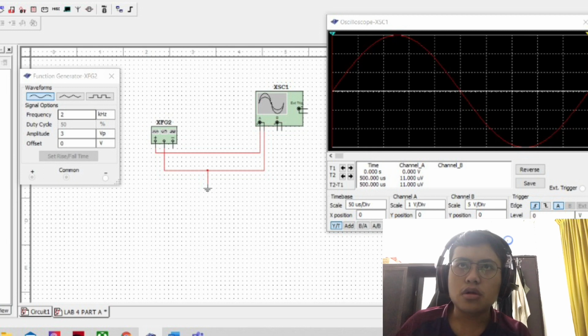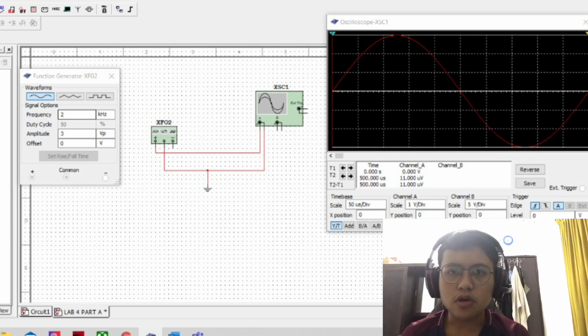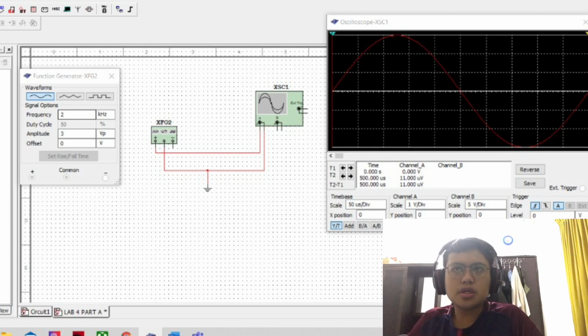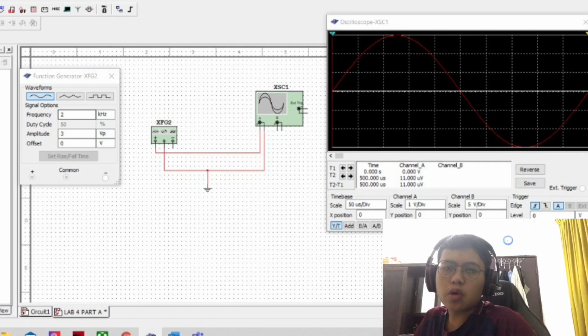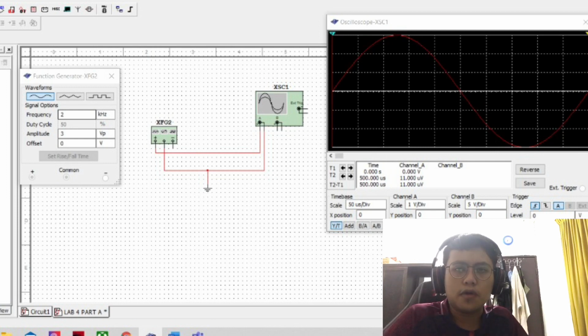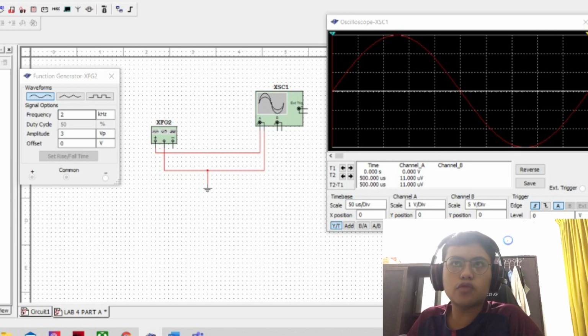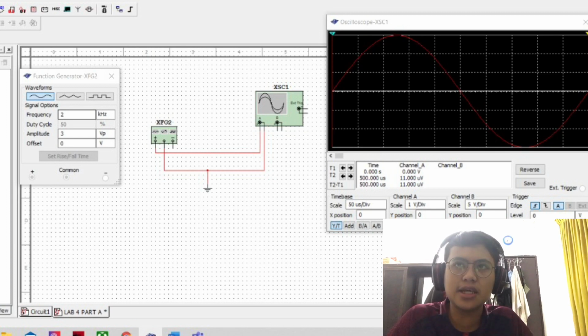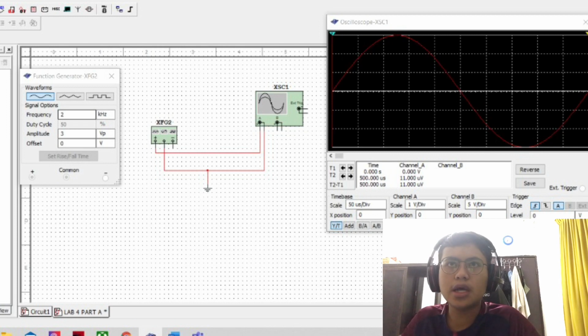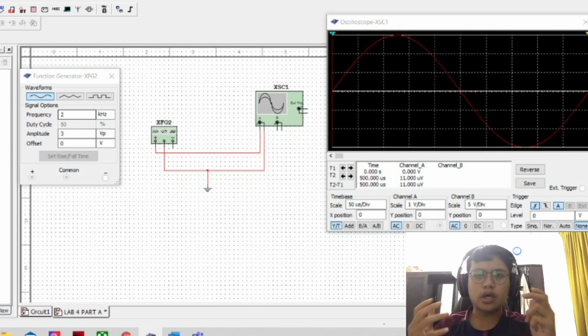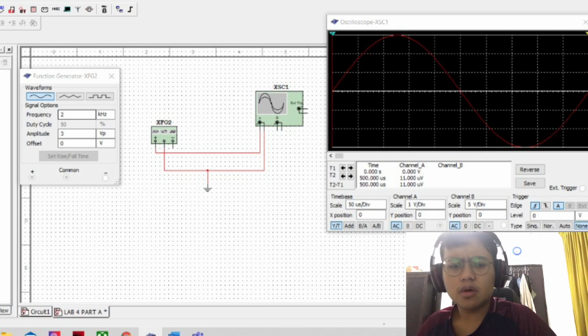The peak to peak voltage is the maximum voltage change occurring during one cycle of alternating voltage or current. The peak to peak value of an AC voltage is defined as the difference between peak positive and peak negative. How to get VPP?